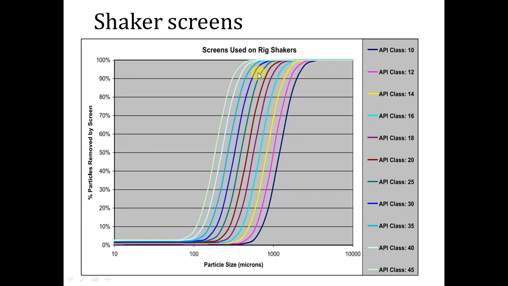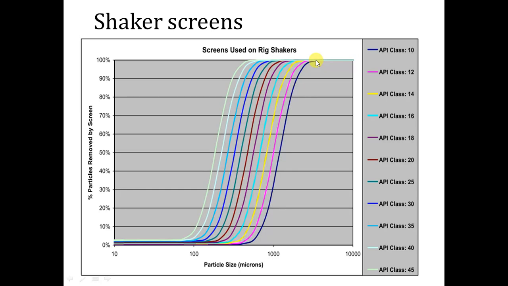And if you go to D100, it will be about 3000 or something like this. So this means that all the solids above 3000 will be separated by 100%. So there is no problem about this.